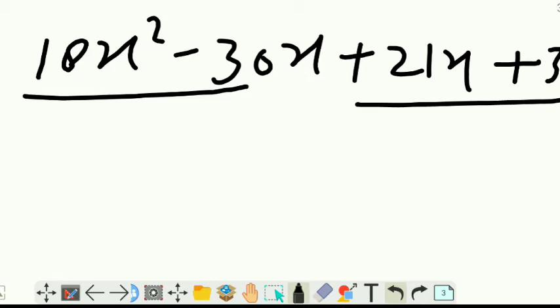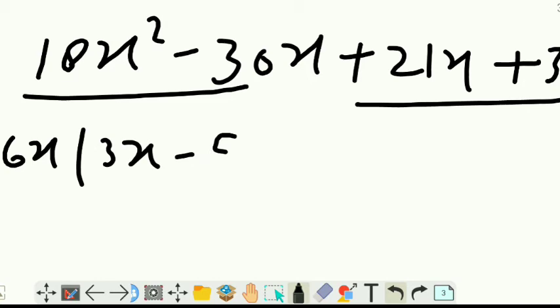So see, from the first step what we can take common is 6x, so 3x minus 5. Plus, now it is compulsory that what we get inside the first bracket must come inside the second bracket. If it is not coming, it means somewhere there is a mistake.